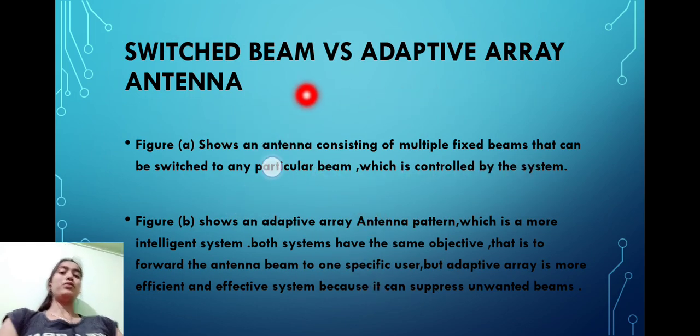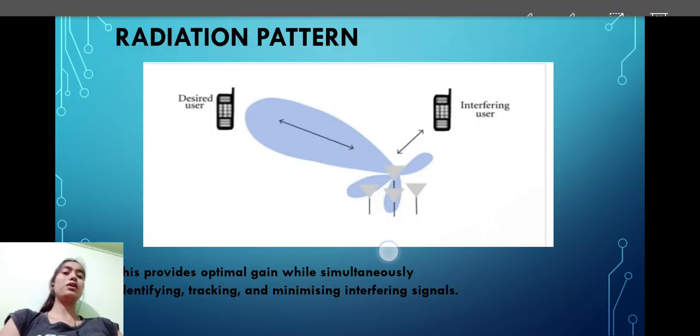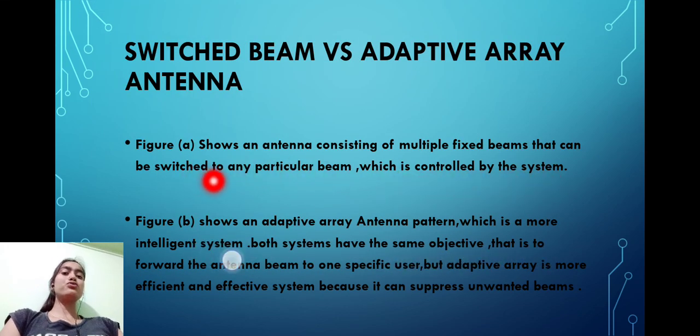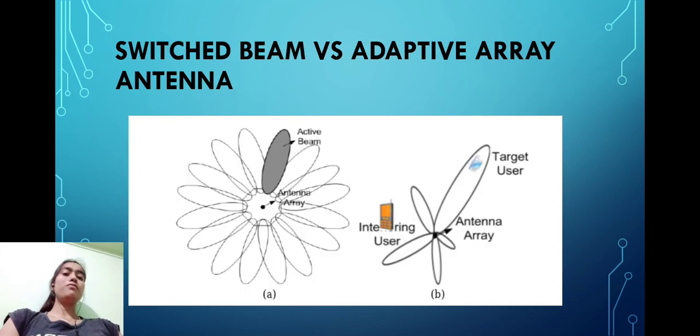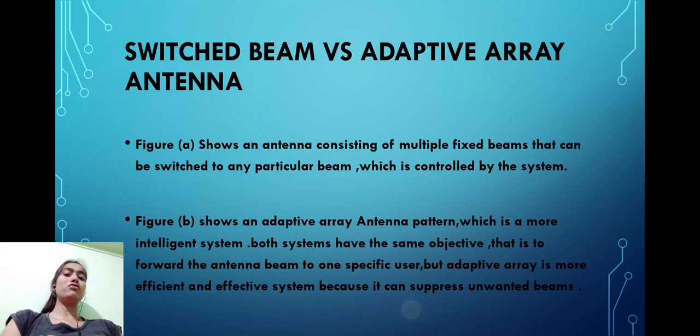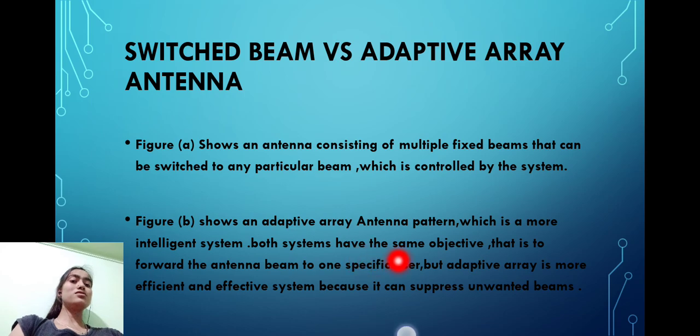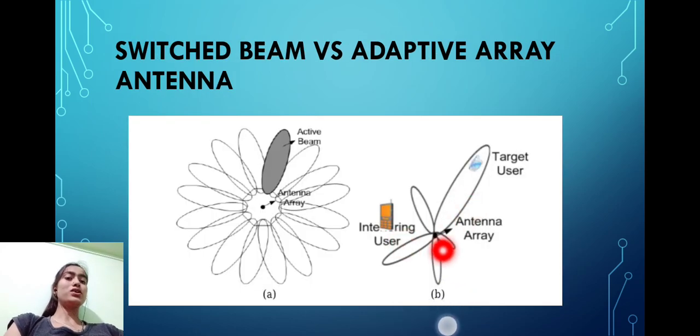Switched beam versus adaptive array antenna. What's the difference? Figure A shows an antenna consisting of multiple fixed beams that can be switched to any particular beam which is controlled by the system. Figure B shows an adaptive array antenna pattern which is a more intelligent system. Both systems have the same objective, that is to forward the antenna beam to one particular user, but the adaptive array is a more intelligent and efficient system because it can suppress unwanted signals, but here we can't suppress.